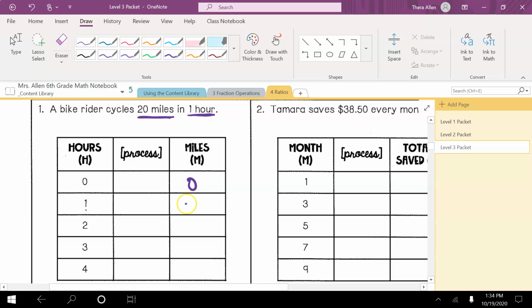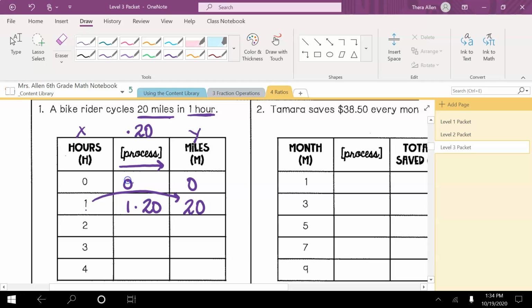Remember, this is my x, this is my y, and my process, how am I getting there? 1 times what gets me to 20? Obviously 20.